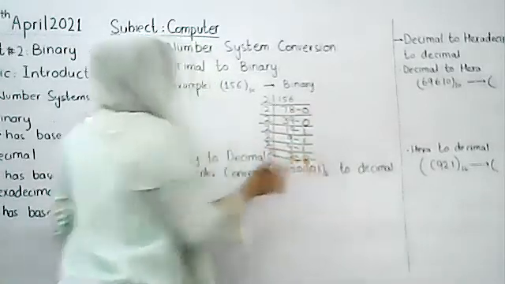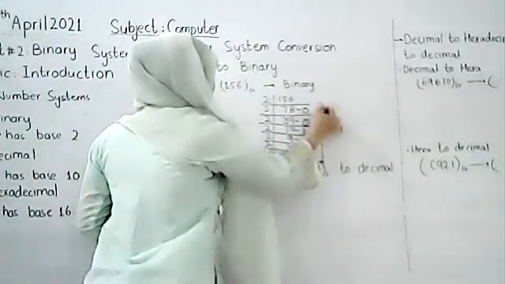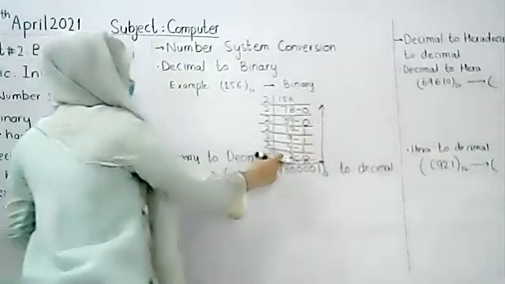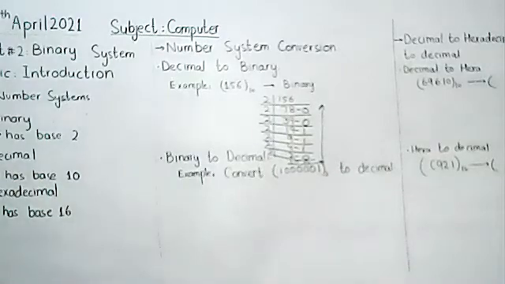And after that 1. Now we will go in this way. We will start from here and go that way. So we will start to write the answer from downward to upward.